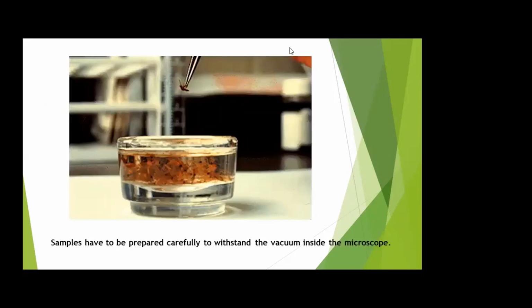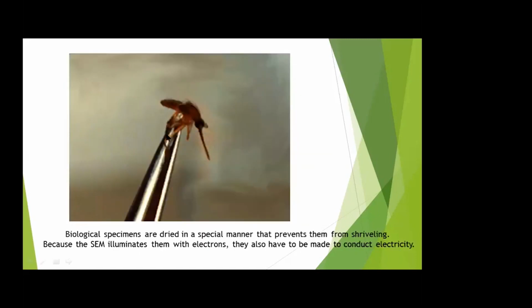Here you can see there is a biological sample, a mosquito, and these samples have to be very carefully prepared to withstand the vacuum inside the microscope, and these are to be dried in a special manner, as I have already explained, to prevent them from shriveling.